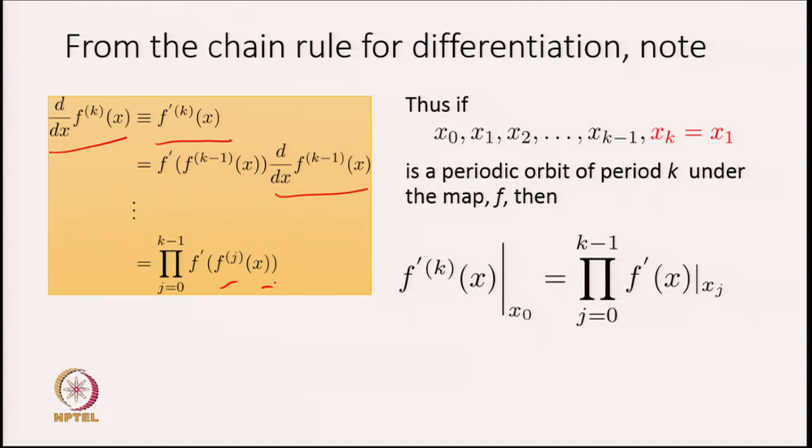Thus, if you have x 0, x 1, x 2 etc. all the way up till x k minus 1 and x k is equal to x naught, as a periodic point of period k, then the derivative of f k of x evaluated at x naught is just the product of f prime of x each time evaluated at x j, j going from 0 to k minus 1.